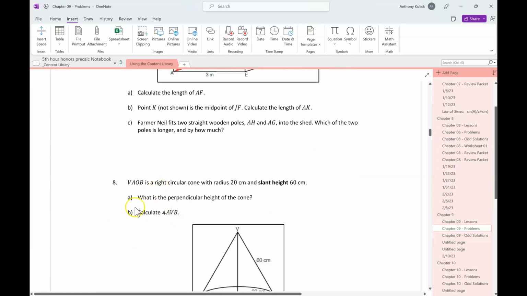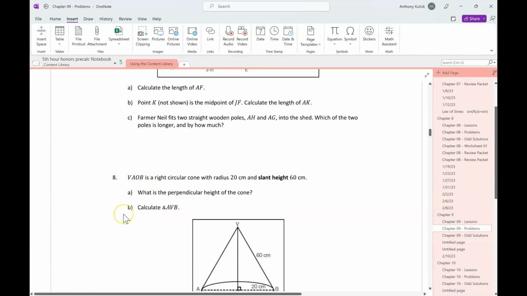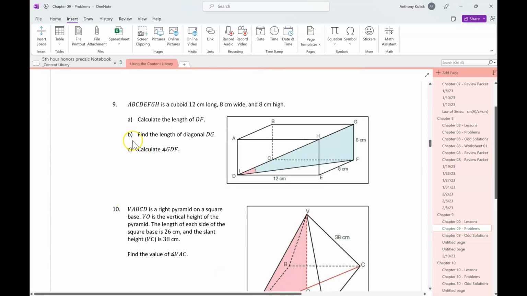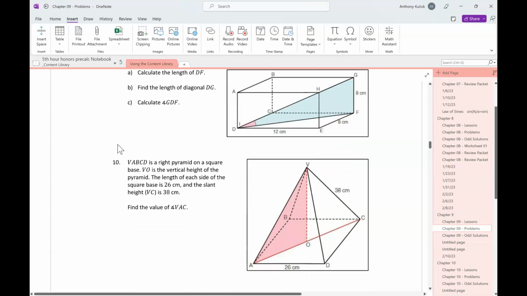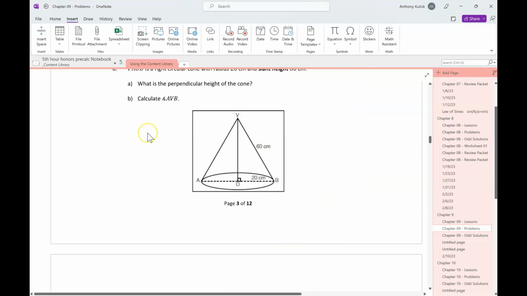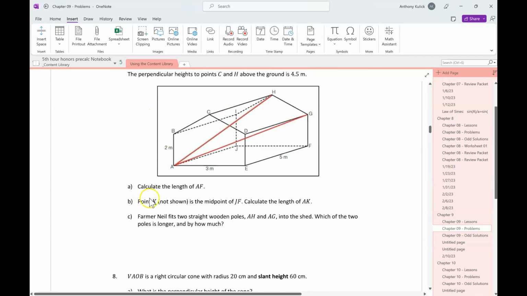You probably just can't do all of these angle pieces because the next section is finding angles inside of three-dimensional figures. But rest assured, if you're clever, you've certainly done enough that finding the angle inside of this is not going to be that big of a challenge for you. It's the same idea. So if you wanted to work ahead past that, that's okay. But I think through 7 is probably all that we have lectured up to.